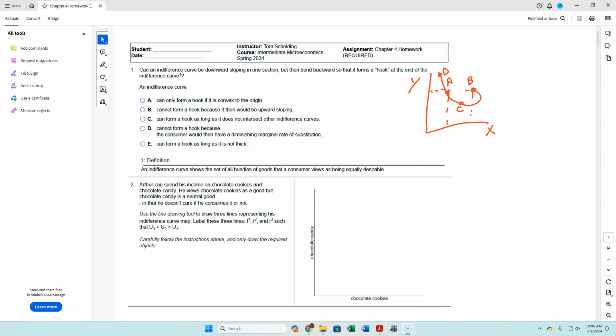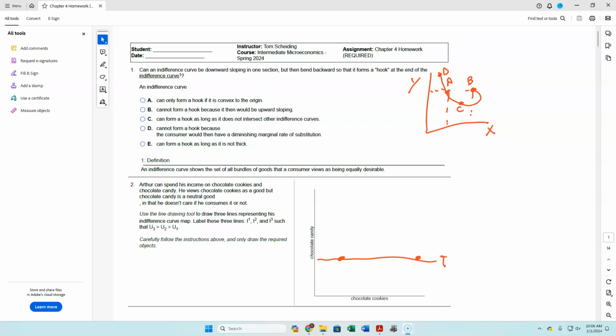If candy is on our y-axis and cookies are on our x-axis, and cookies are the neutral good, like we have up here, what that implies is that a person would have the same amount of happiness having few cookies versus a lot of cookies.